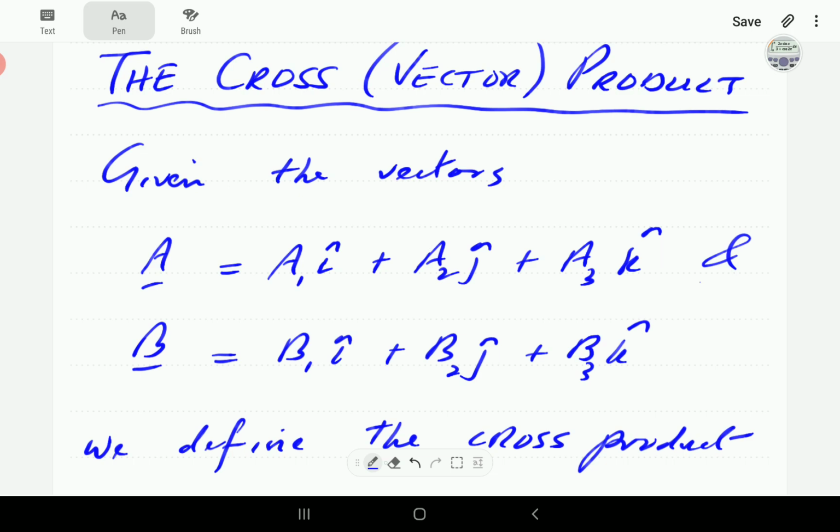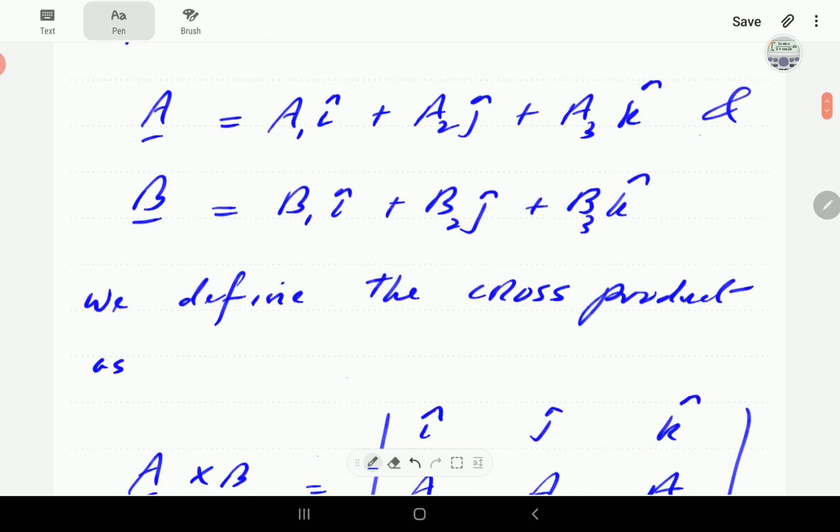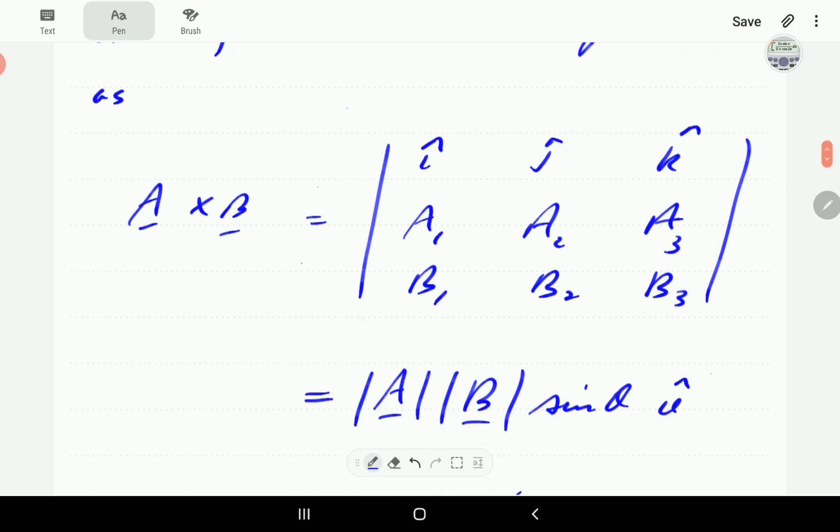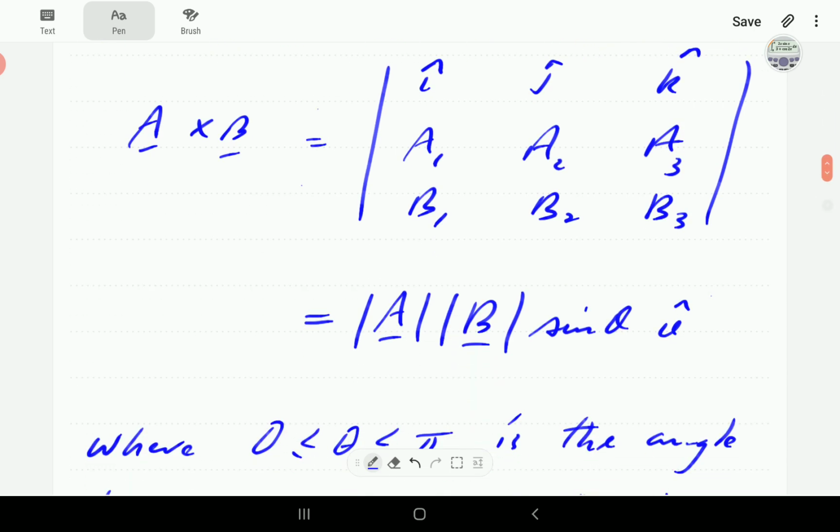Given any two vectors A and B, we define the cross product as follows. It's defined by a 3 by 3 determinant where the first row is occupied by the unit vectors i, j, and k, the second row by the components of a, the x, y, and z components, and the third row by the components of b.